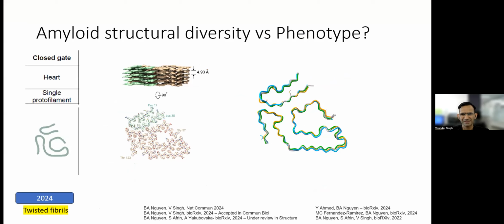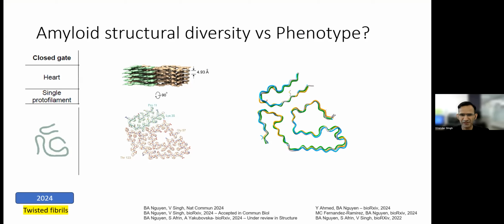But is there any relation between amyloid structural diversity and phenotype? As I mentioned, our lab has now solved multiple structures. ATTR wild type is one of them, but there are multiple mutants for which the structure is solved.